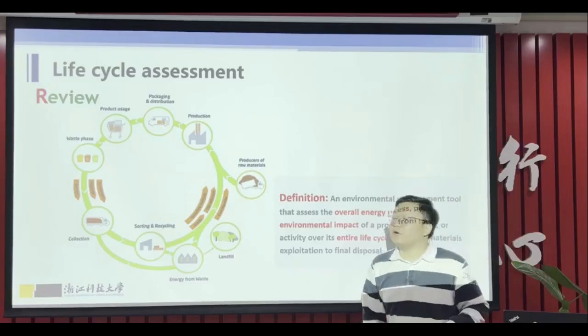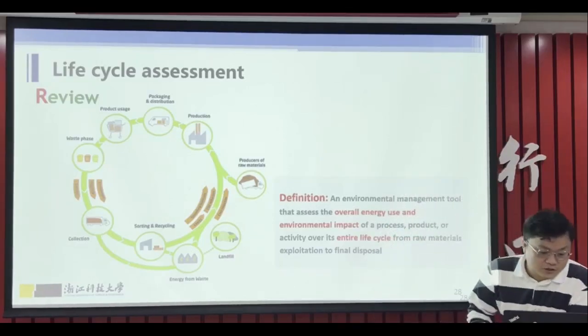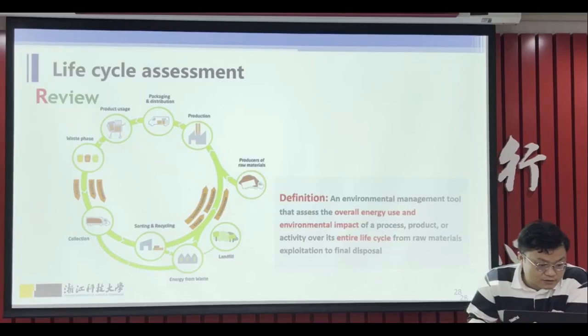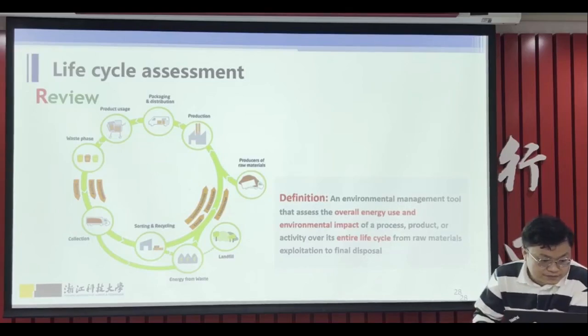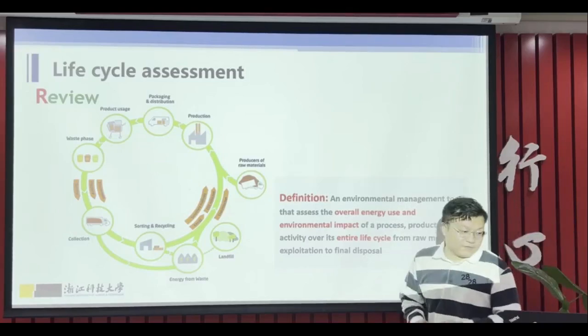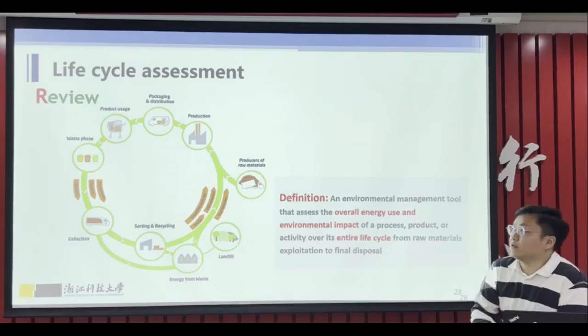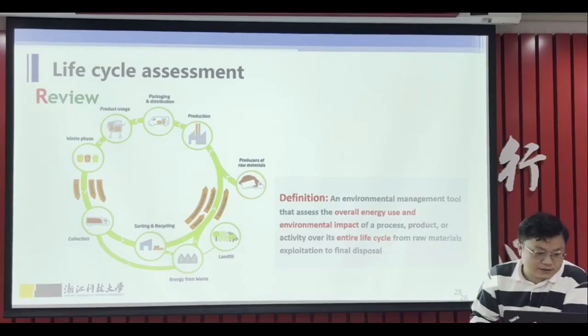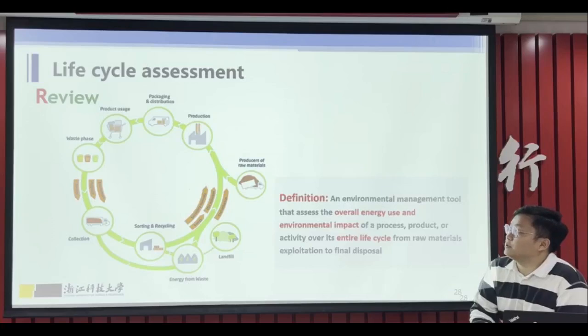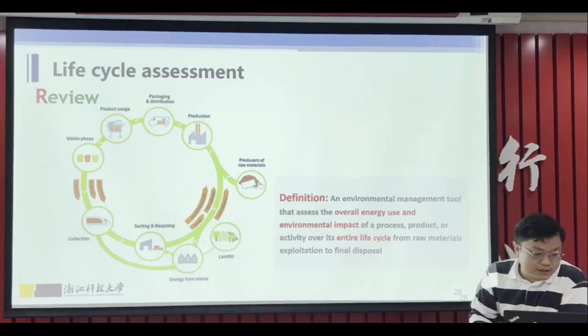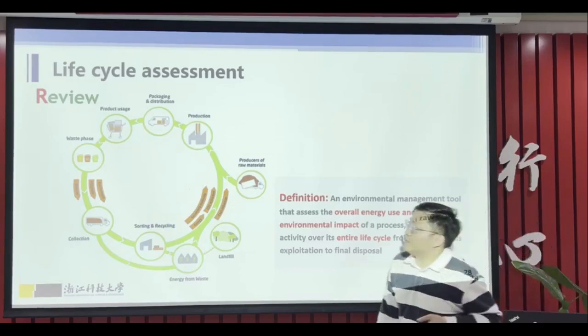For example, for municipal solid waste management, the beginning is the raw materials production and generation processes, and then the package and distribution processes, and then the usage processes and the waste processes.